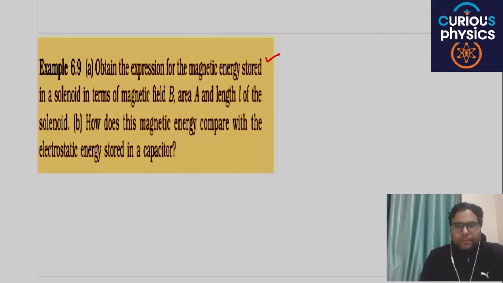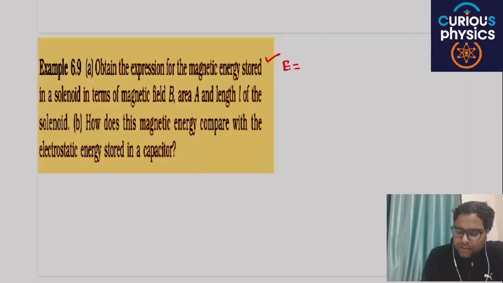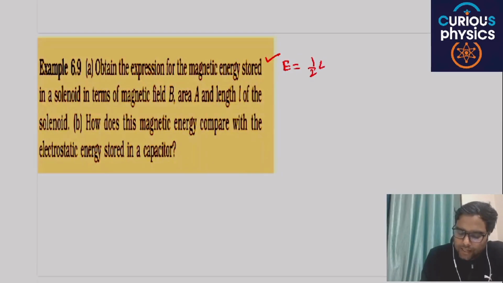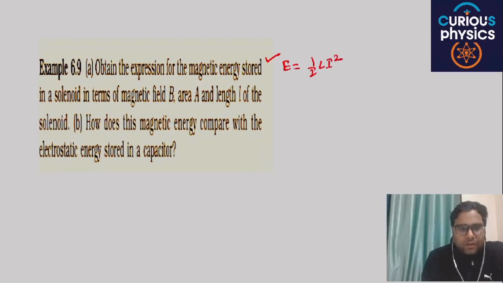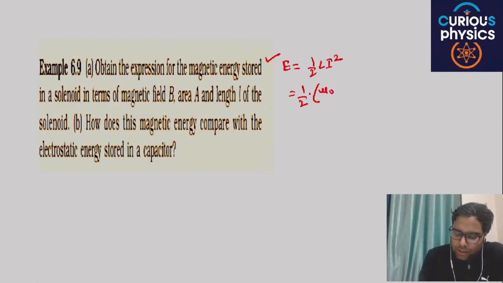The potential energy stored in a solenoid is half L I square. Now you can put the value of inductance, which is mu naught n square area into length.